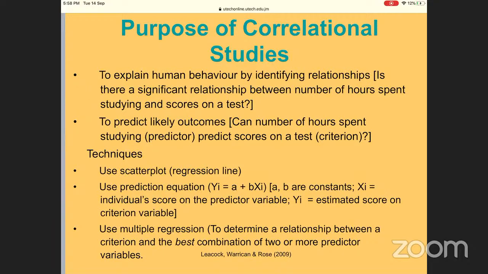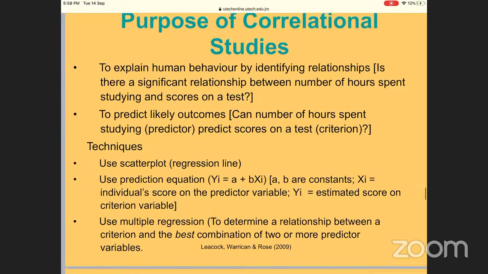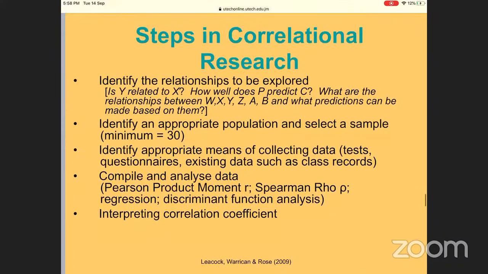When you do a correlation study, you get a prediction equation, Y = a + bX1. Next slide, and then you can plot a scatter plot. At any rate, it's going to ask questions like, is X related to Y? Does P predict C? It depends on what the variables are in your relationship.